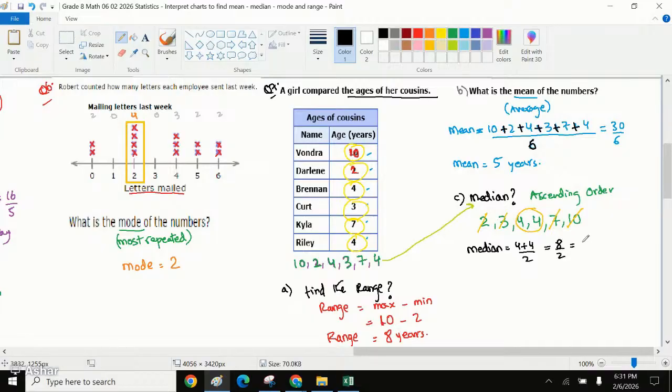That means the median comes out to be 4. Do we agree for the median? Yes, I wrote 5. Okay. Nathan, I also wrote 5. See, I wrote mean is equal to 5 years.